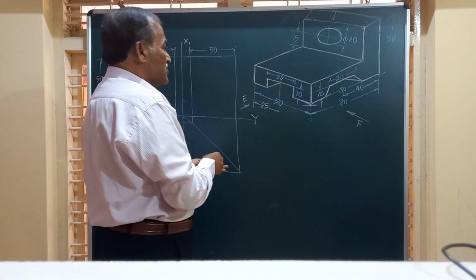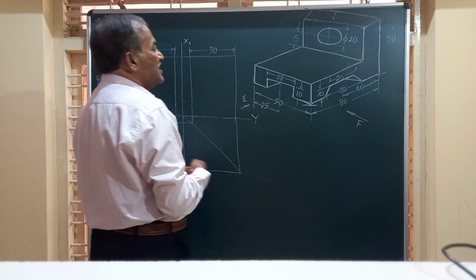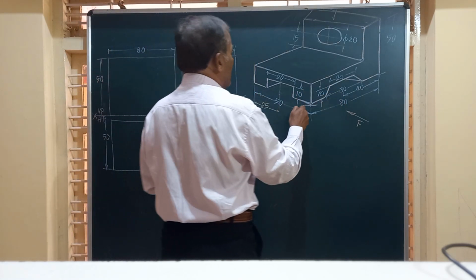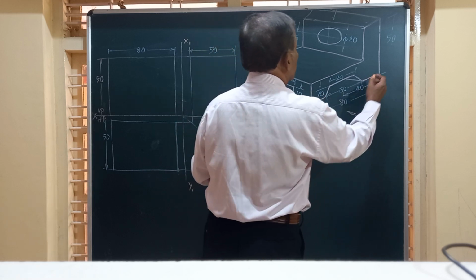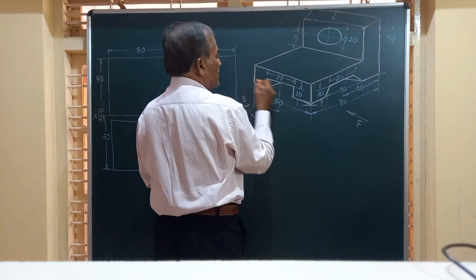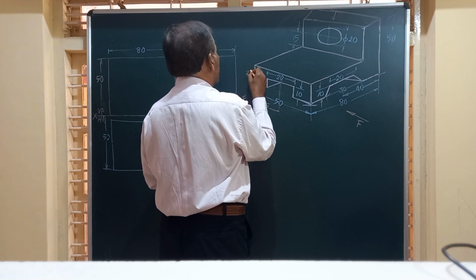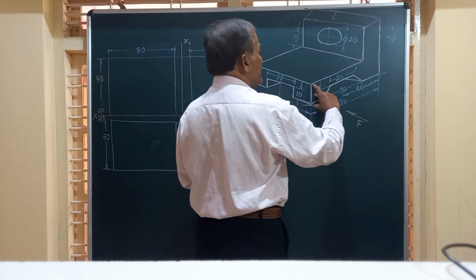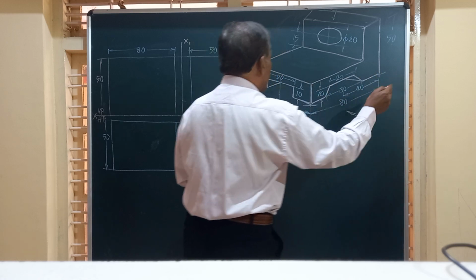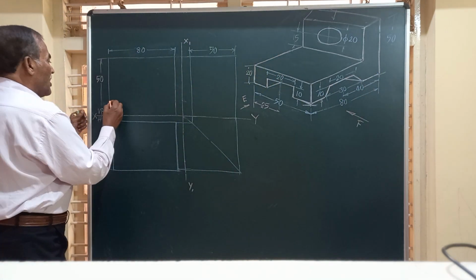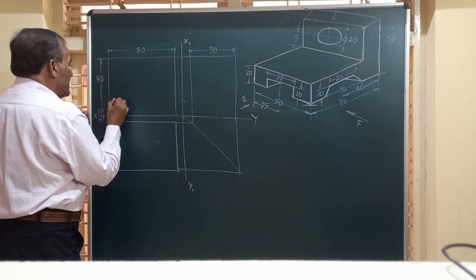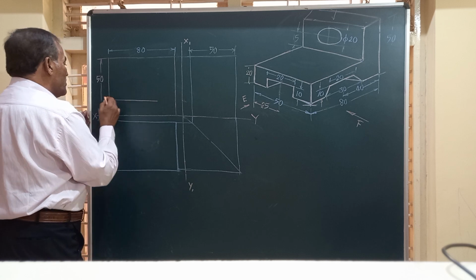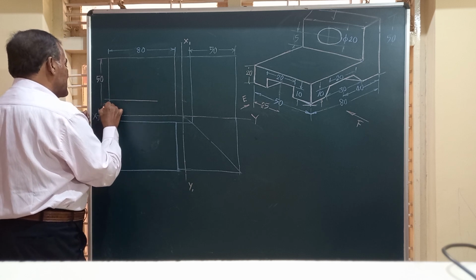So friends, I am going to make this rectangle that is 25 millimeter height. I have given here 10 plus 10, this is 20 throughout. I will mark it again, not an issue. So this has a height of 20 mm. 20 mm by this 80, we are going to have a block like this. So I will draw a horizontal line in the front view to show a height of 20 millimeter.